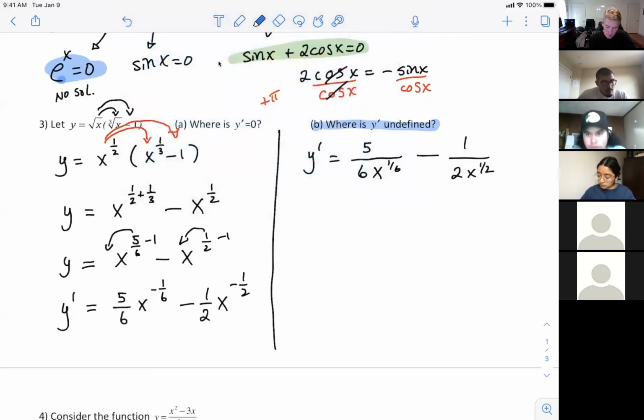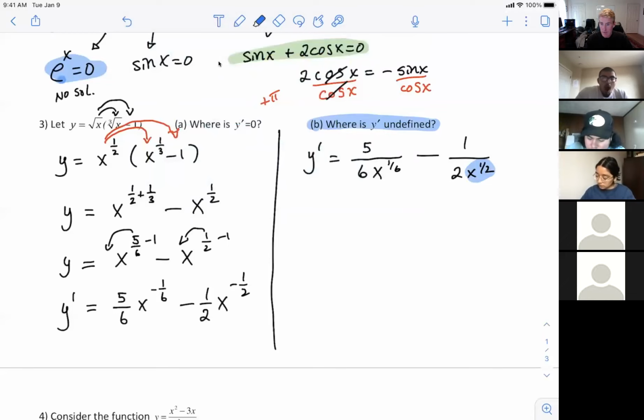And while I have it in this form, I'm going to go ahead and answer B. So like I said, it's going to be undefined if you have the square root of a negative or if you divide by 0. And this has both of those in there. So because this one right here means the square root of x, that means that x has to be positive.